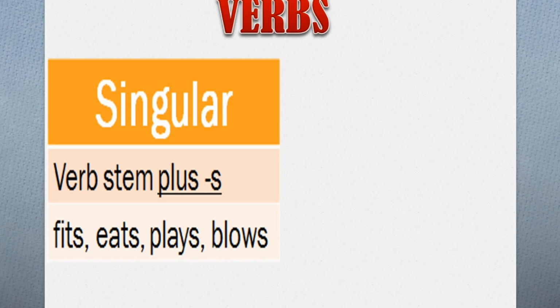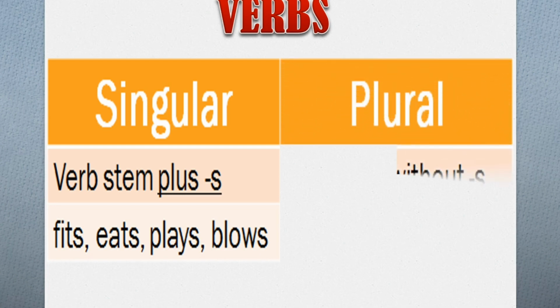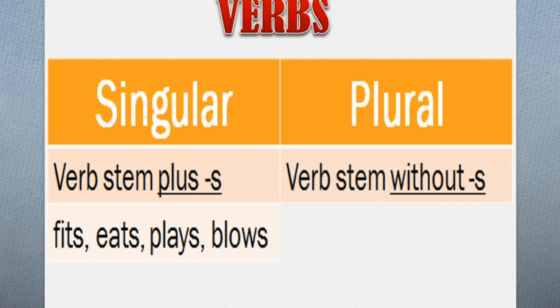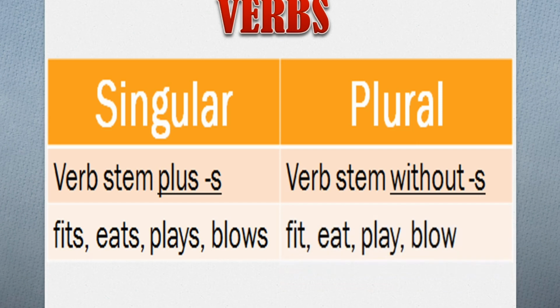The verb stems are fit, eat, play, and blow. You just add s to those stems and they are already singular verbs. For plural verbs, we have the stem of the verb only. Do not add s. Examples are fit, eat, play, and blow. Like I said a while ago, these are the stems of the verbs, and they are your plural verbs.